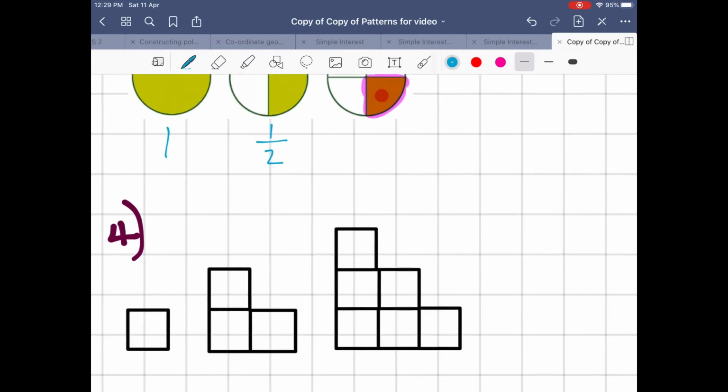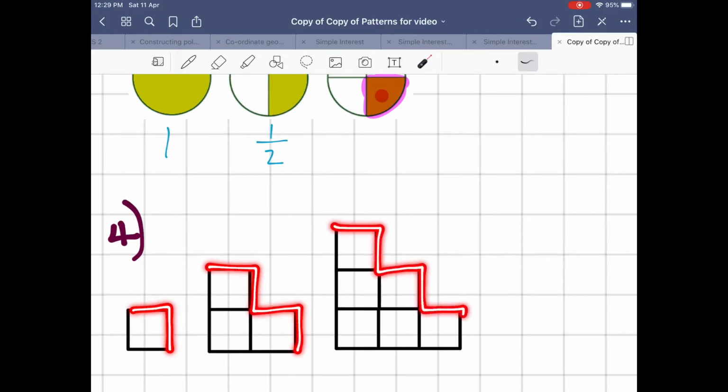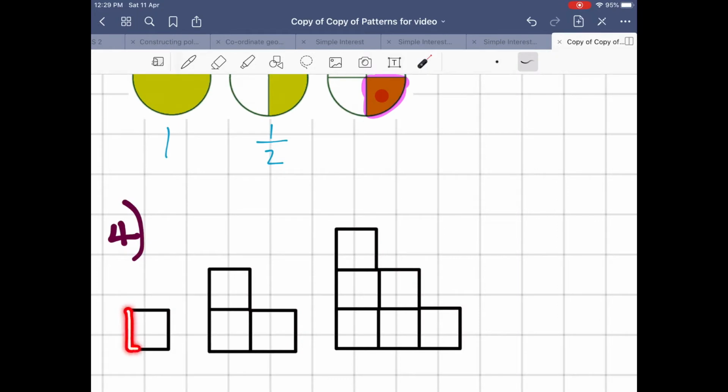So next, number 4, we are seeing that we have a step being formed on the inside, and we are seeing that we have an L being formed on the outside. So this is increasing in size or amount.